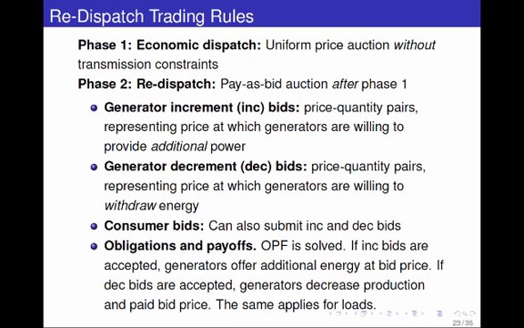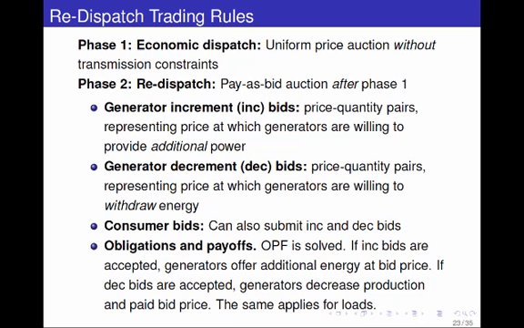So if I were awarded in the first round, suppose I'm a generator and I'm awarded in the first round 50 megawatts, and I submit an increment bid of 10 megawatts at $10 per megawatt hour. What does that mean? What does this mean? Sorry, a dec bid.